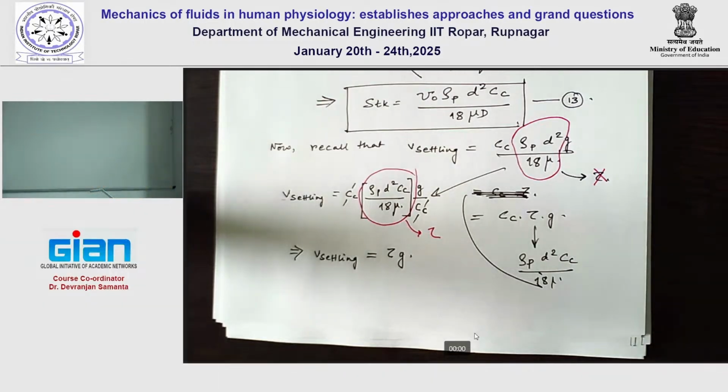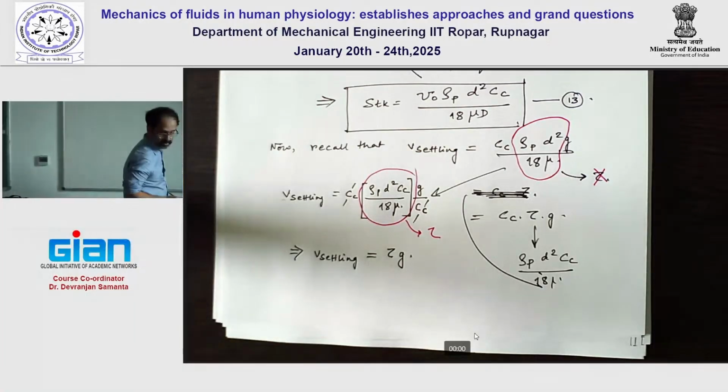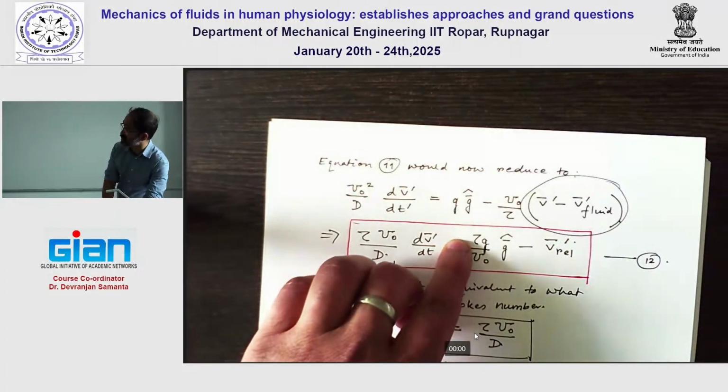Correct me if I'm wrong. So V settling is tau times g. So let's try to use this in the formulation because we still have this tau g over here. So we can possibly use it over there.